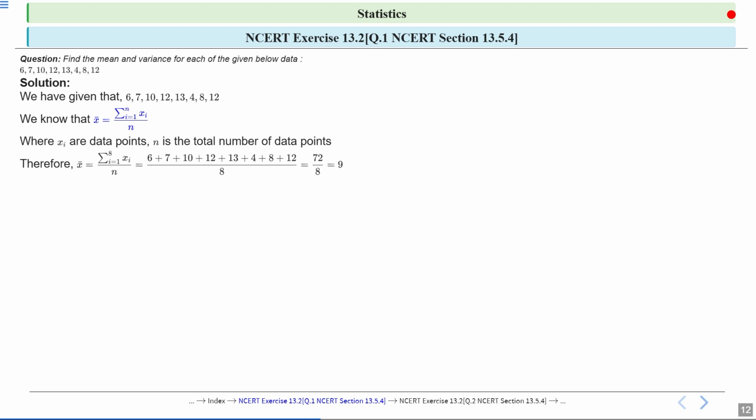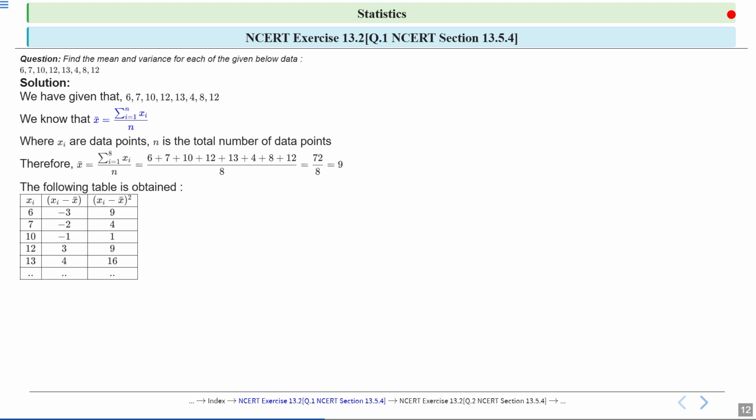Let's substitute our numbers into the formula. We have 8 data points, so n equals 8. Adding them up, 6 plus 7 plus 10 plus 12 plus 13 plus 4 plus 8 plus 12 is equal to 72. Now divide 72 by 8 to get the mean. So the mean of our data is 9.